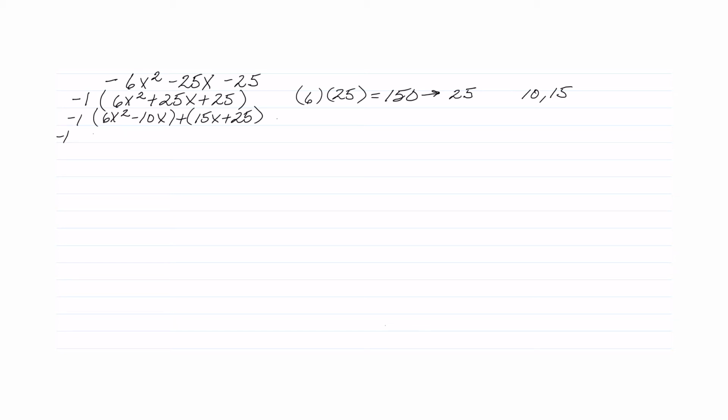Now let's factor out our common factors. So our common factor then was 3x plus 5, and what's left behind is the 2x plus 5.